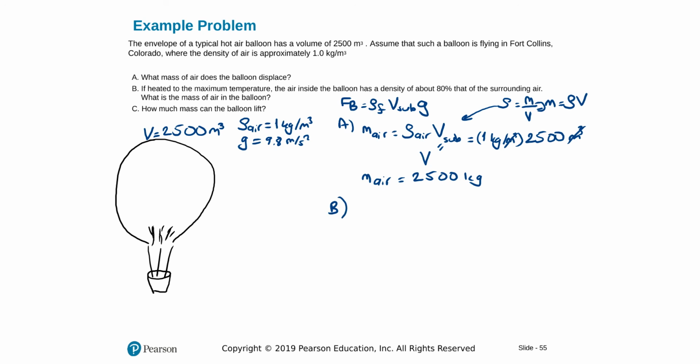B, if heated to a maximum temperature, so we heat this balloon and decrease the density of the air inside. The air inside the balloon has a density about 80% that of the surrounding air. So rho in is 80%, that's 0.8 times rho air in regular value, and rho air is 1, so 0.8 times 1 kilogram per meter cubed.